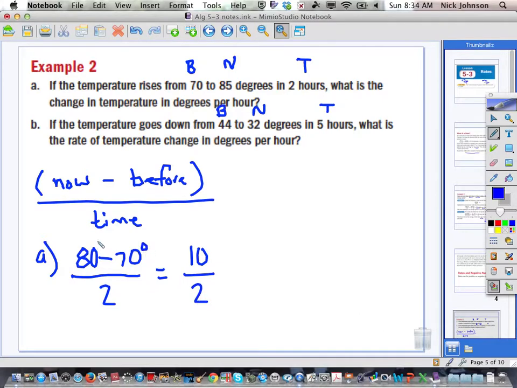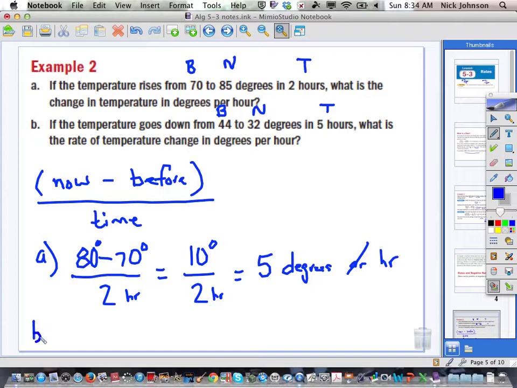These are degrees, and this is an hour. So you get out 5 degrees an hour, or per hour. It's as simple as that.